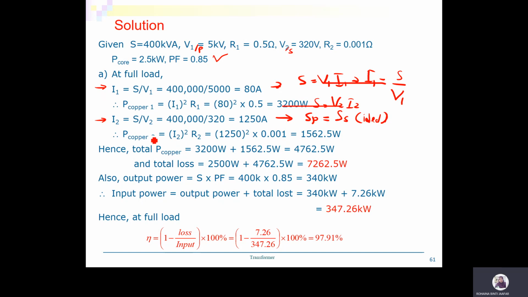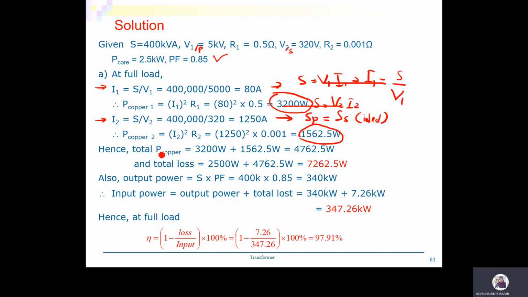This one is secondary, so copper losses at secondary is equal to I secondary squared times R secondary. Just substitute the value here, and R2 is 0.001. You will get copper losses at secondary is 1562.5. So this is at primary and secondary.